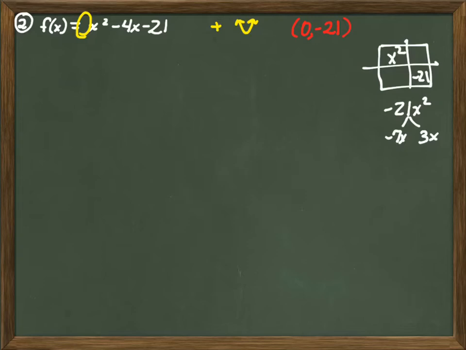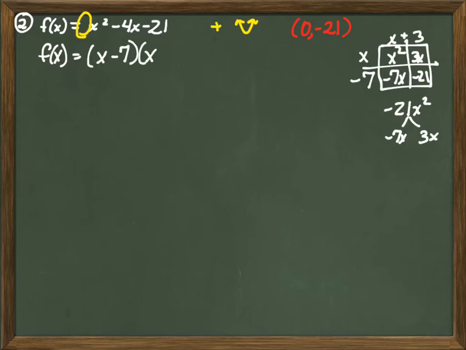So I go up to my box, and I'm going to put in the 3x and the negative 7x. And look for the factors. And then come back over and write it in factored form. So f of x is equal to x minus 7 and x plus 3. So that's my factored form.